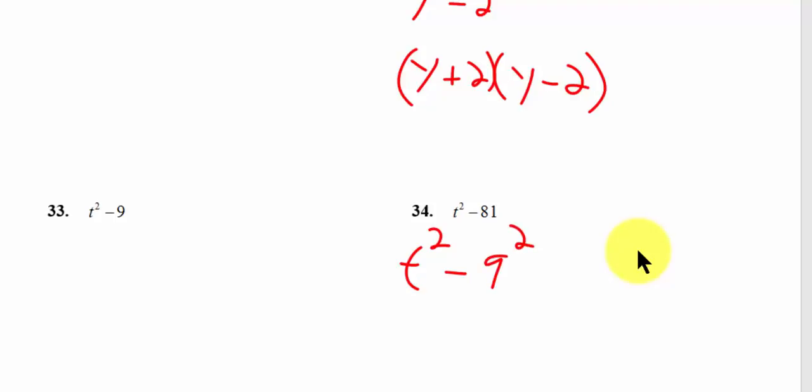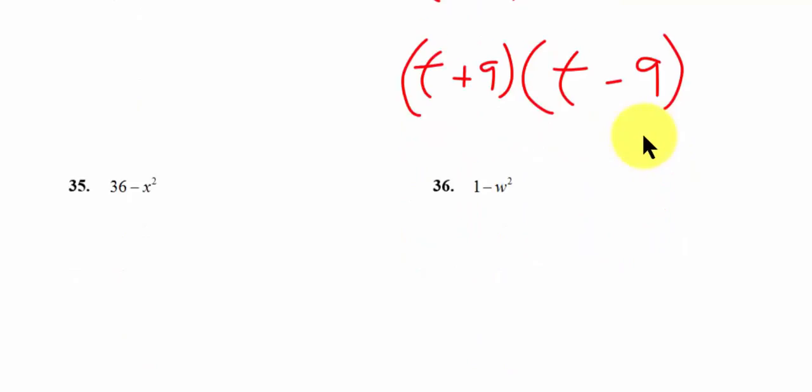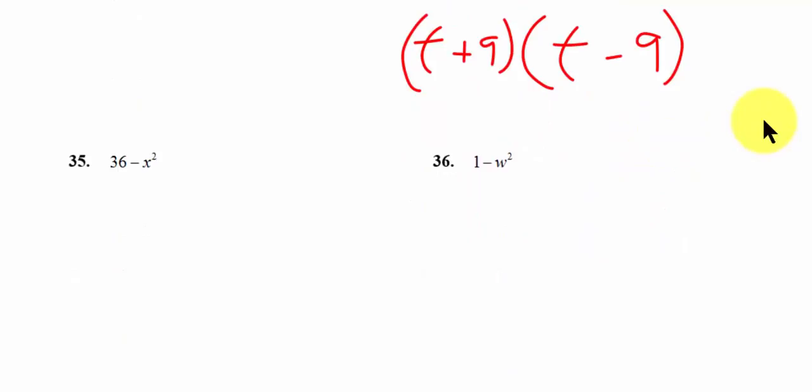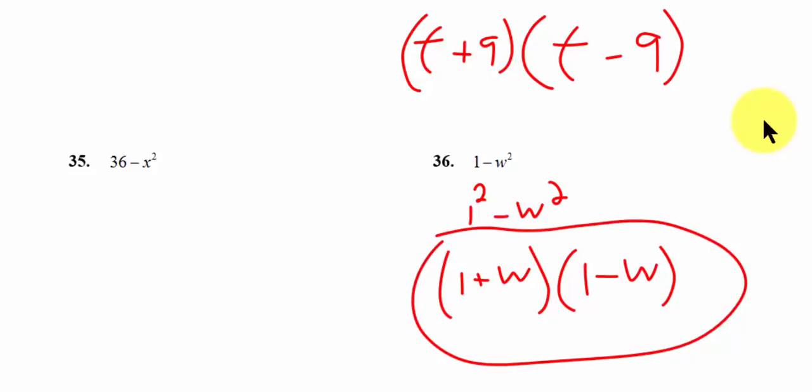So then this is going to become t plus 9 times the quantity t minus 9. Number 36, remember, 1 and 1 squared are the same. So I can write 1 plus w, times the quantity 1 minus w. That would be my final answer.